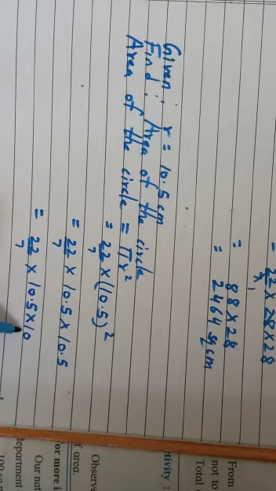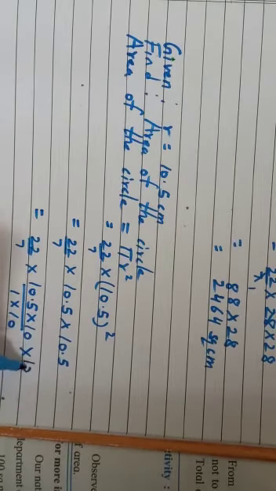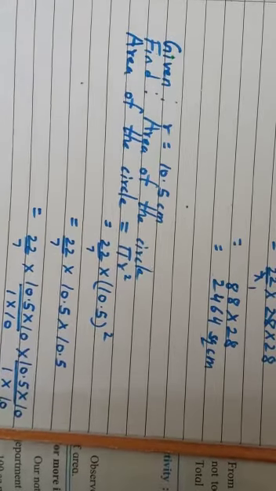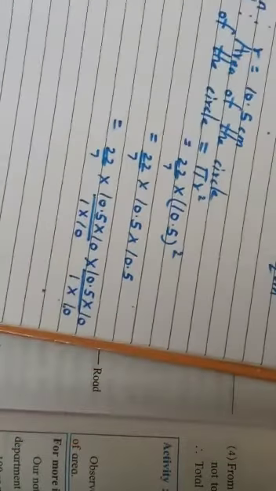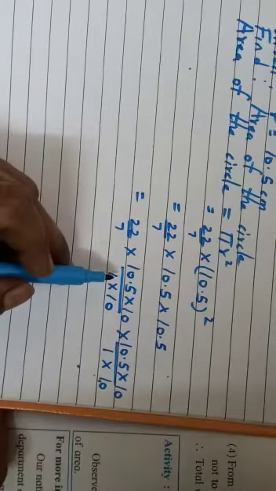If I am multiplying by 10, I should also divide by 10. 10 ones are 10, 10 ones are 10, so I am not changing anything. Again here also 10.5 is there, so I will do the same thing: 10.5 into 10 upon 1 into 10. I am just explaining how we have to remove the decimal point.